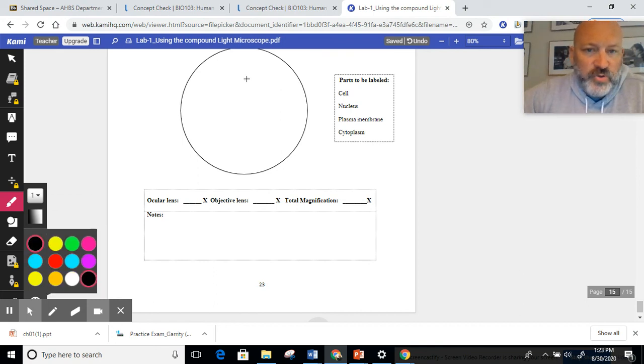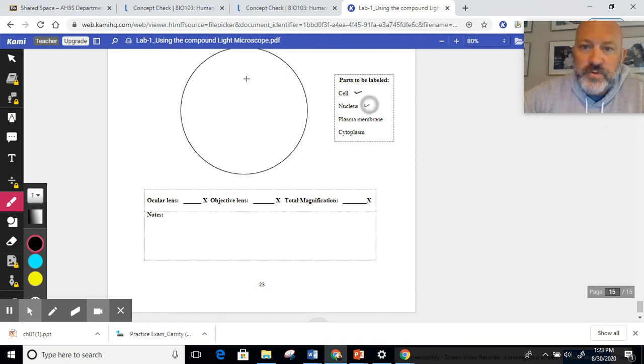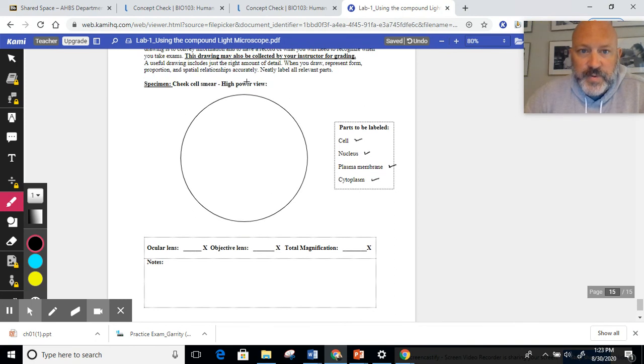Now, remember, when you draw it, as we just saw from the images, you're going to label the cell, the nucleus, the cell membrane, and the cytoplasm. This is important. You're going to fill in your magnifications, the eyepiece, the objective lens, which is going to be the high power objective lens, and the total.